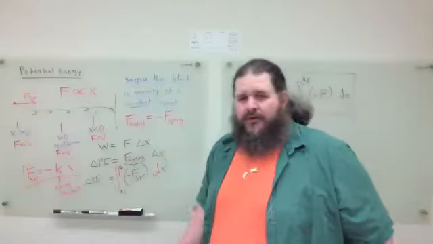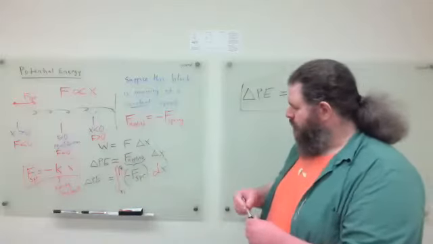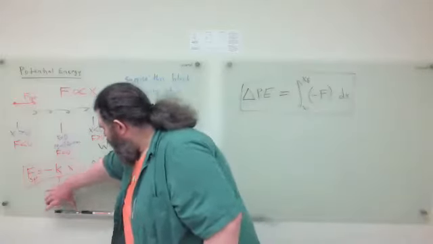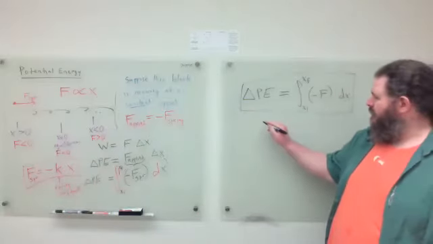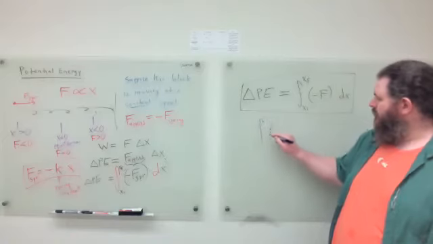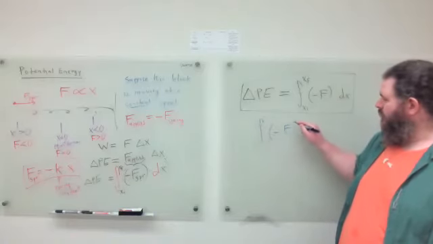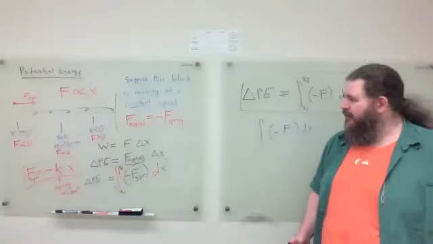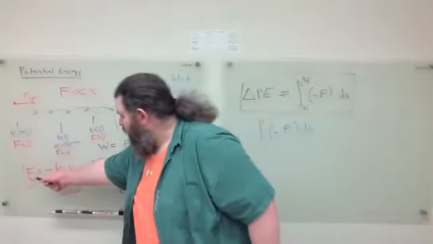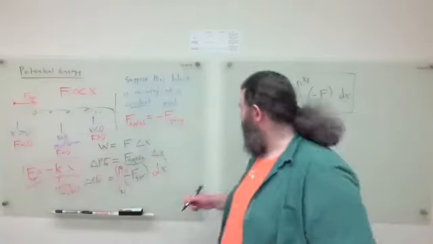However, if we want to turn that into a potential energy, we can go back to this integral here. We're taking the integral of negative force with respect to position. So if we actually fill in this formula, force of the spring is negative Kx.